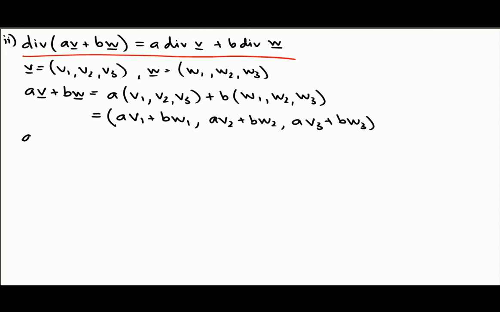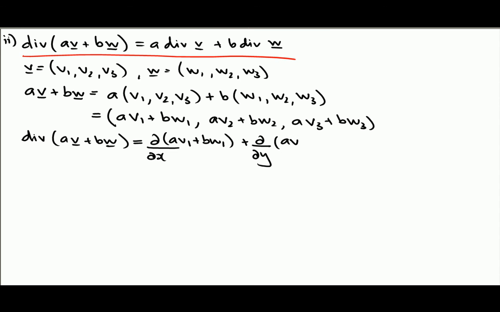So now let's calculate the divergence of this new vector field, and this will be equal to d by dx of a v1 plus b w1, plus d by dy of a v2 plus b w2, plus d by dz of a v3 plus b w3.